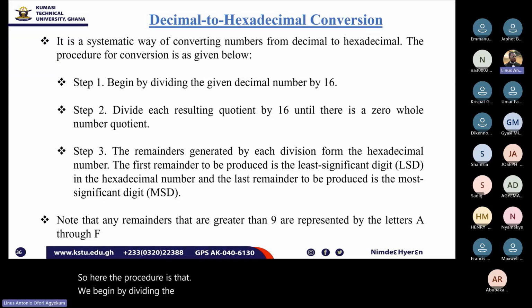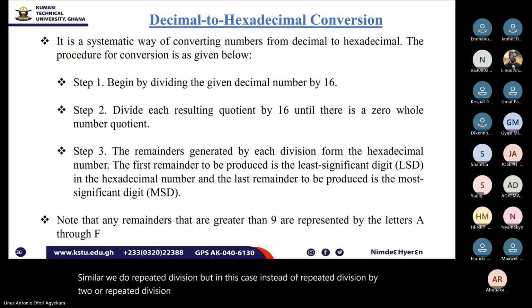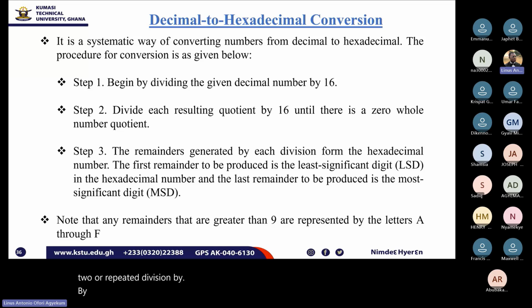It's similar, we do repeated division, but in this case, instead of repeated division by 2 or repeated division by 8 or multiplication, we would do repeated division by 16.